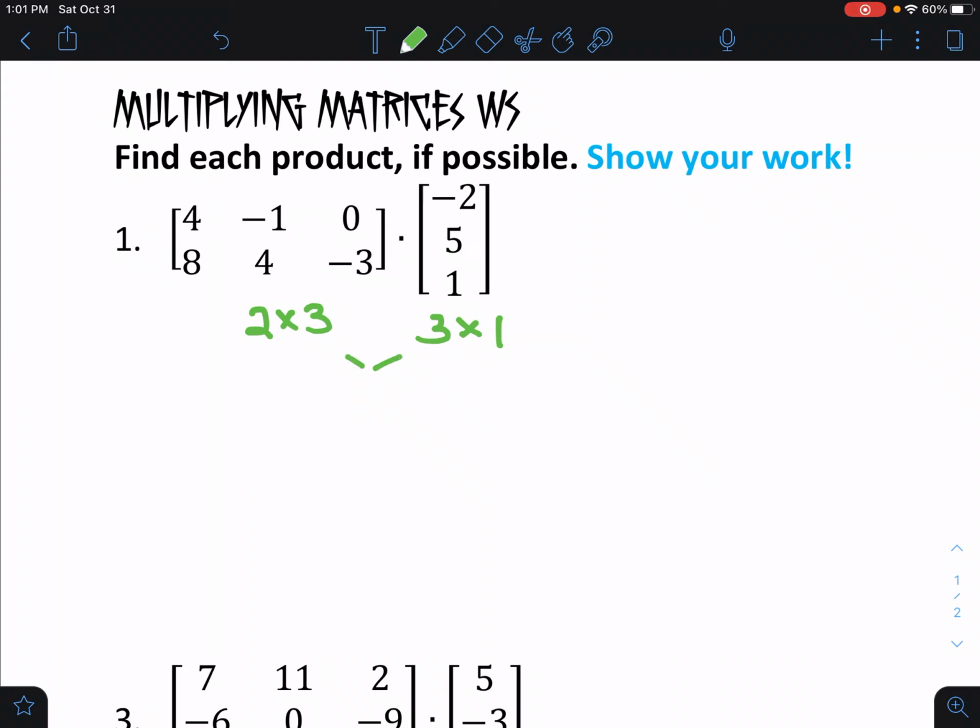So we're good. And that means my answer matrix then is a 2 by 1 matrix. So 2 rows. I'm gonna make that a little bit bigger. So I really have 2 entries here, okay, to figure out.